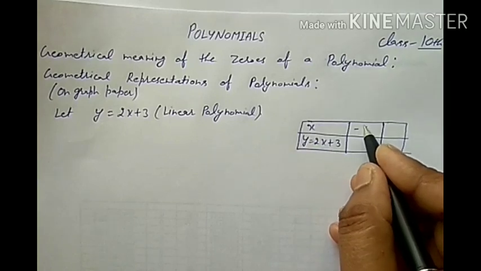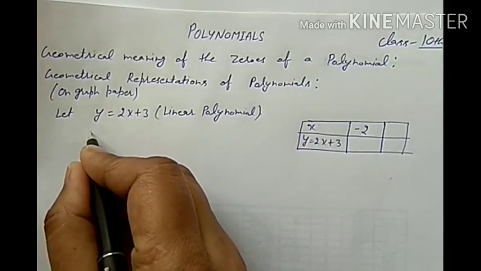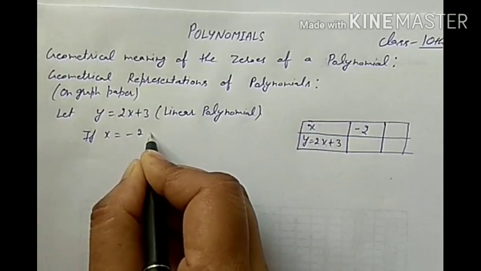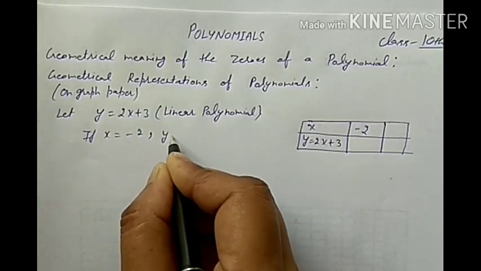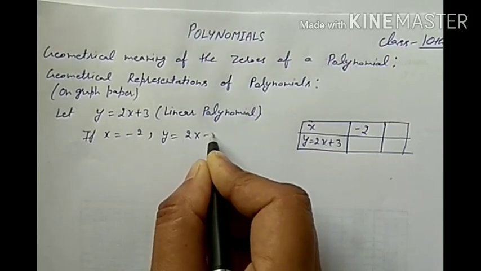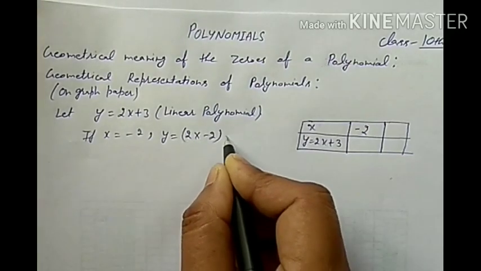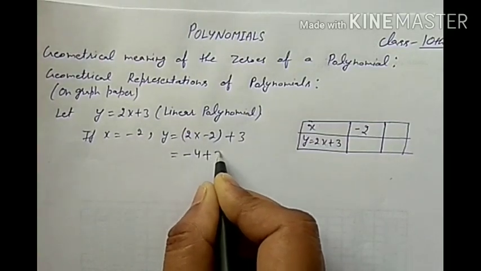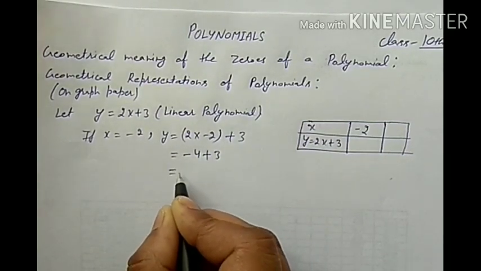If we take x is equal to minus 2, then y is equal to 2 into minus 2 plus 3, is equal to minus 4 plus 3, is equal to minus 1.